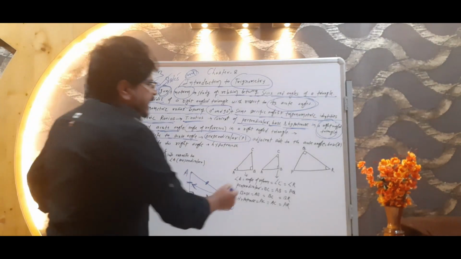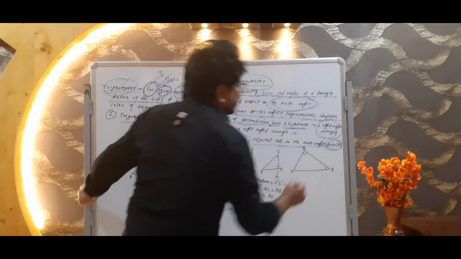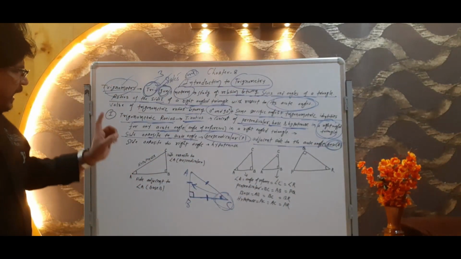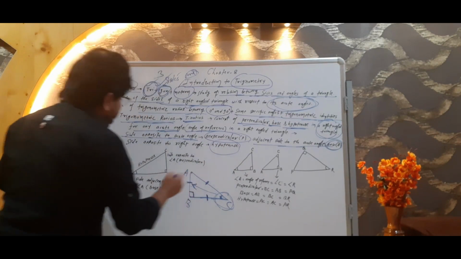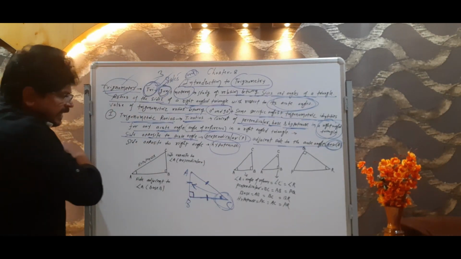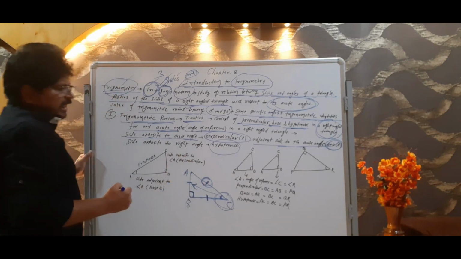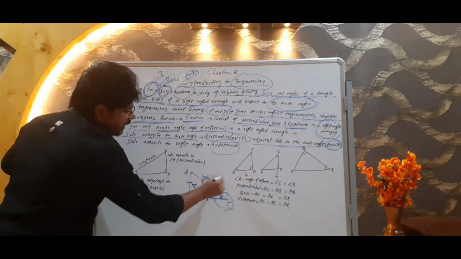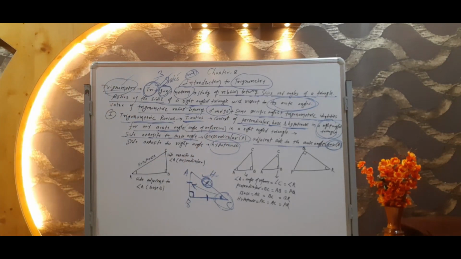The side adjacent to the acute angle is called base. Now the third concept, hypotenuse. It means the side opposite to the right angle. This is our right angle, and the side opposite to the right angle is this. So this is called hypotenuse.